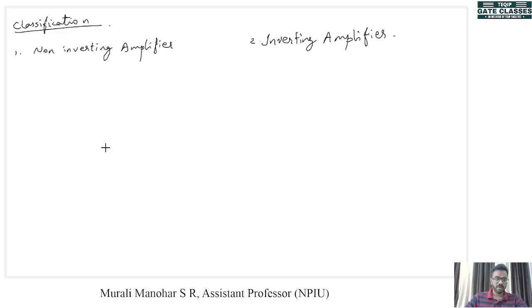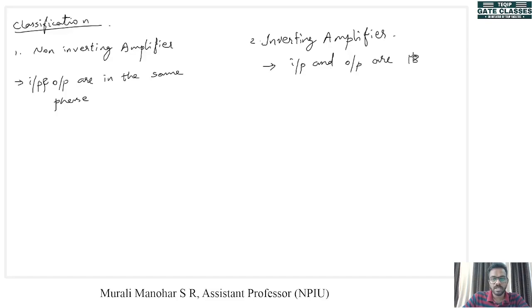Now in a non-inverting amplifier, the input and output are in the same phase. And in an inverting amplifier, input and output are 180 degrees out of phase.